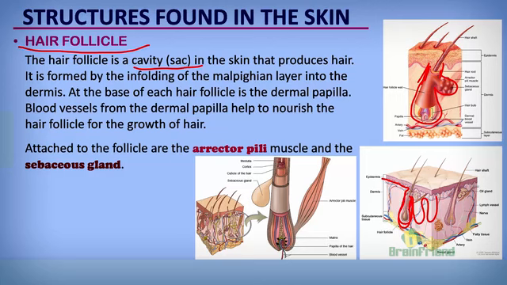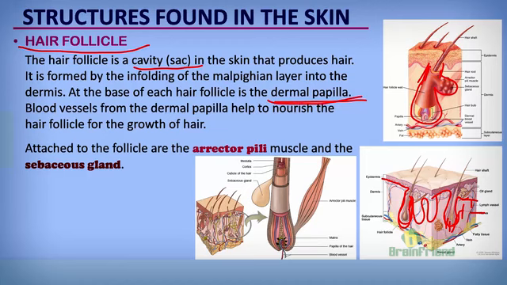At the base of each hair follicle is the dermal papilla. Remember, the dermal papilla is a protrusion of the dermis into the epidermis. It forms some finger-like projections, and it forms this dermal papilla.